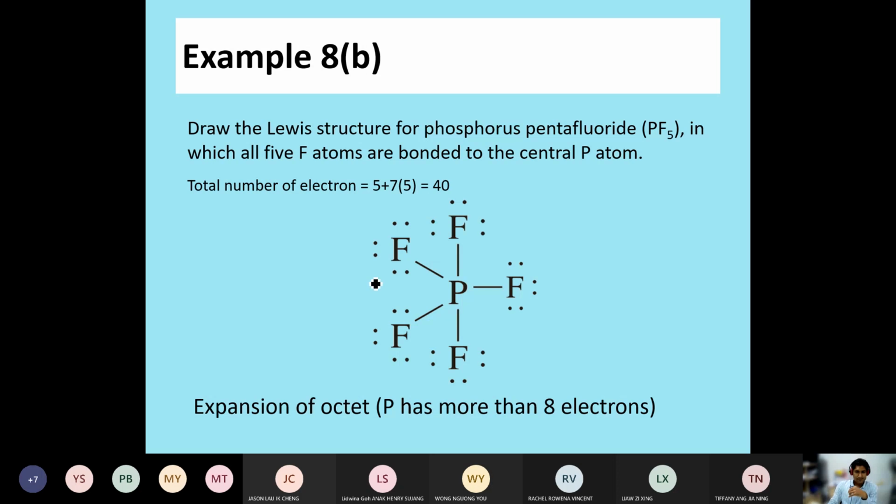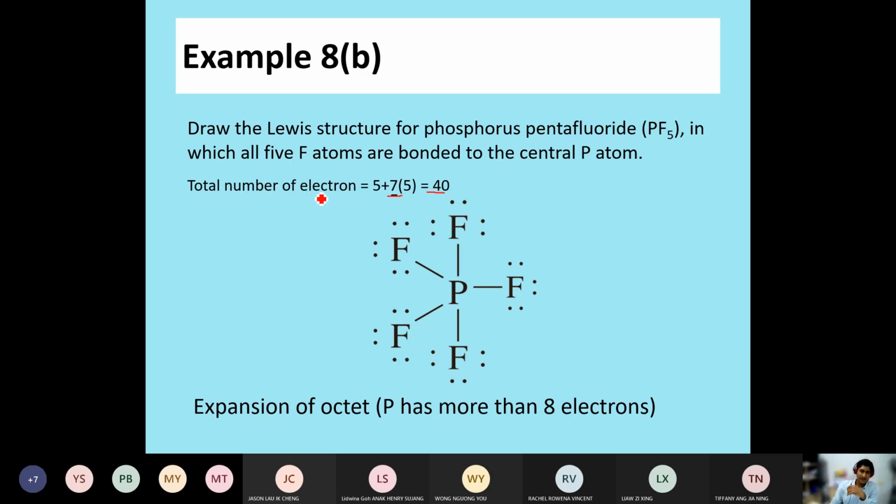So phosphorus pentachloride, there are 5 fluoride atoms here, ions in fact. Fluorine, each of them has 7 electrons, right? And there are 5 fluorine atoms, and phosphorus also has 5 electrons, so altogether it is 40.